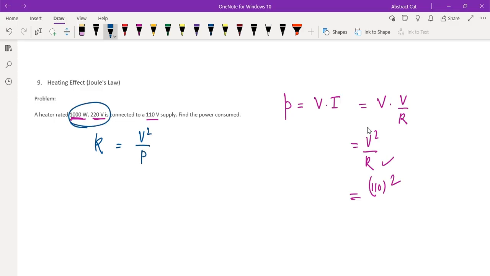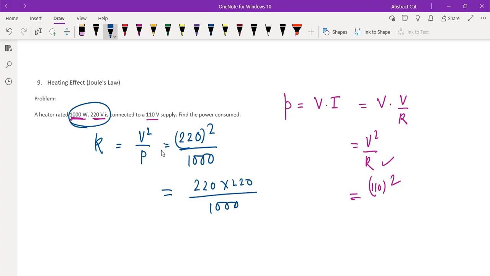From the rating we find R, the device resistance, that is 220 volts square divided by the power, 1000 watt. So 220 times 220 by 1000, 20 cancels, that is 22 times 22 means 484 by 10, that is 48.4 ohms.